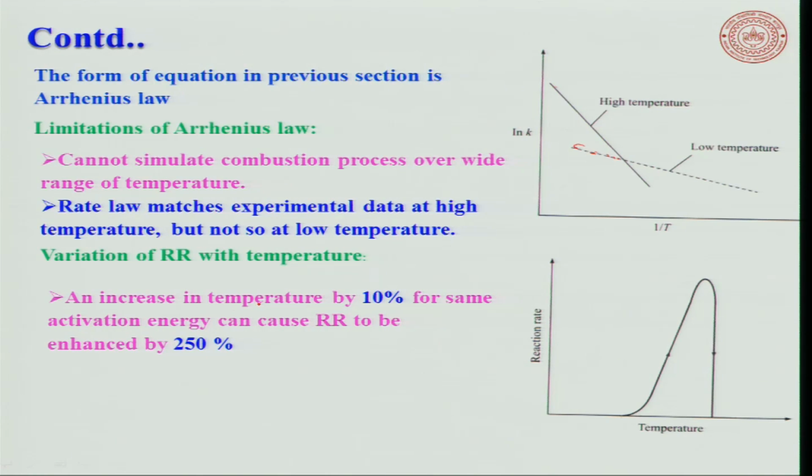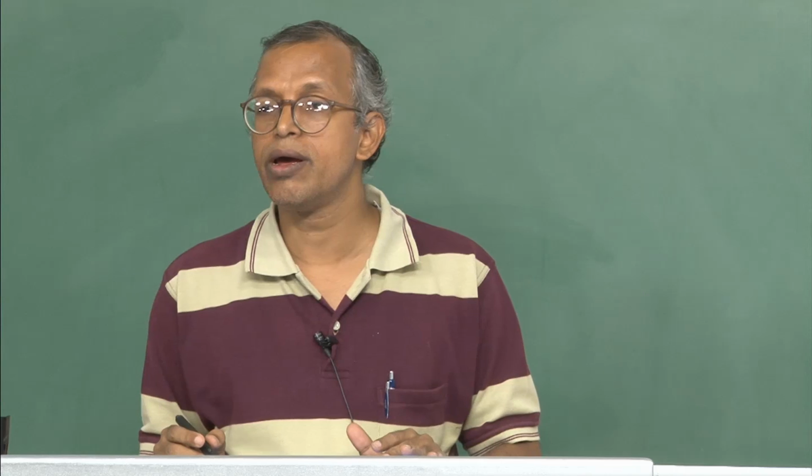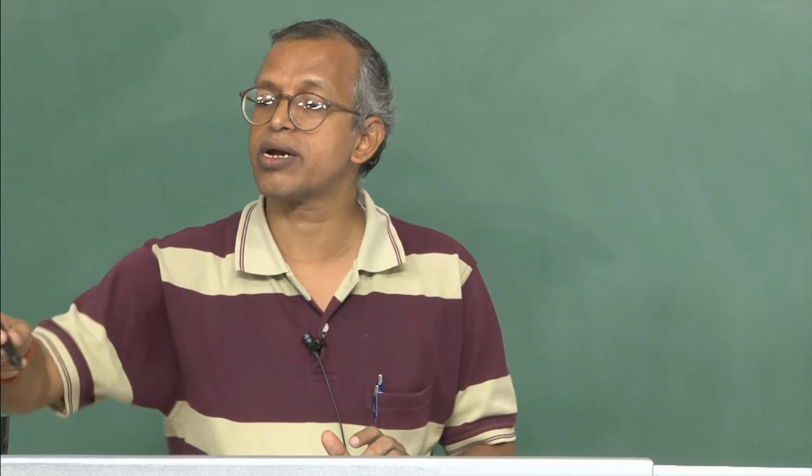So, an increase in temperature by 10% for the same activation energy can cause the reaction rate to be enhanced by 250%, right. This is a very important aspect, and one has to worry about this kinetics part. I will stop over here, and in the next lecture we will see the other aspects of multi-step chemistry. Okay.